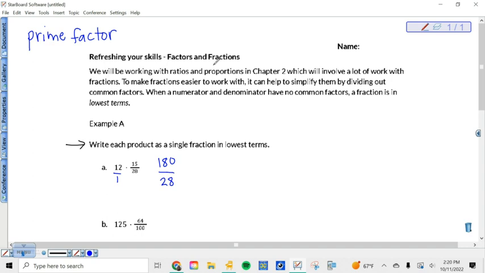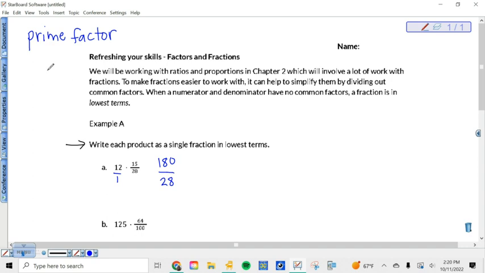I think about them as, you know what atoms are? The universe is made up of atoms. Every single thing can be broken down into those teeny tiny little things. That's what prime numbers are for all the numbers. Every single number can be broken down into prime numbers.